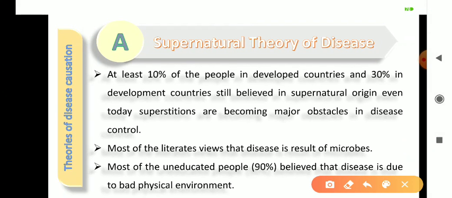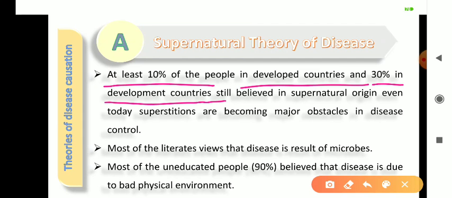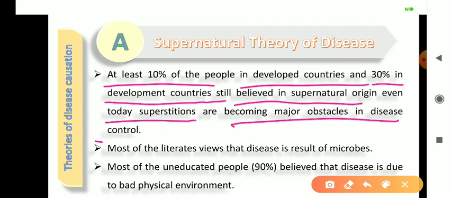As in the history, we have discussed how the disease is taking place. At least 10% of people in developed countries and 30% in developing countries still believe in the supernatural origin. Even today, superstitions have become a major obstacle in disease control.